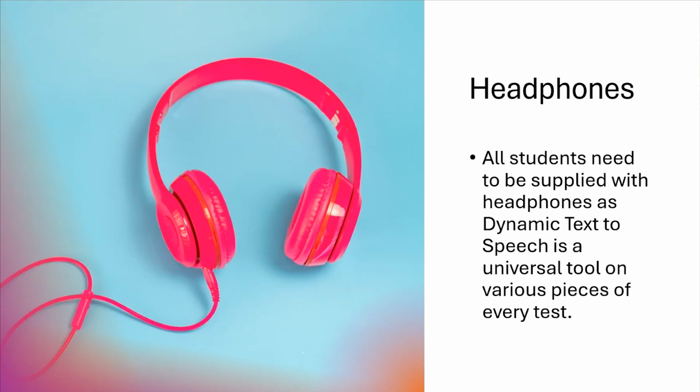However, if a student has an accommodation that requires the passages or items to be read, that's a separate setting that they would get if it wasn't on their IEP. But again, headphones for all the different pieces and the different tests for all grade levels.